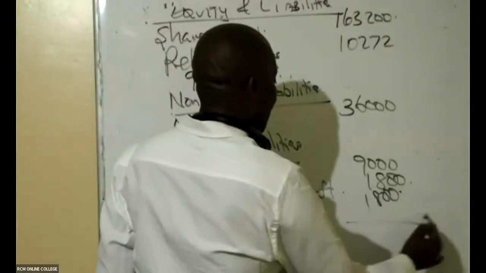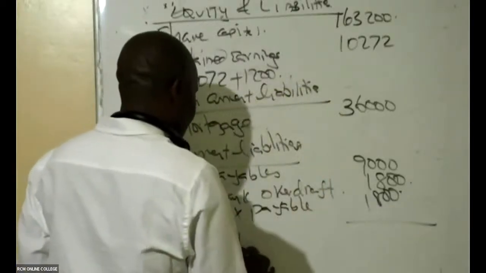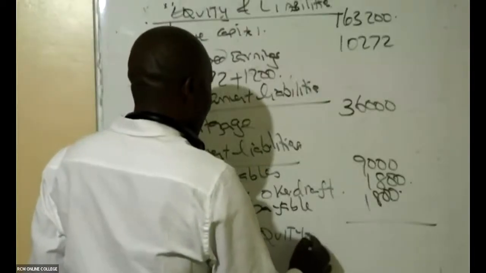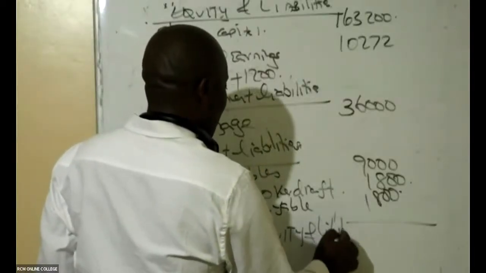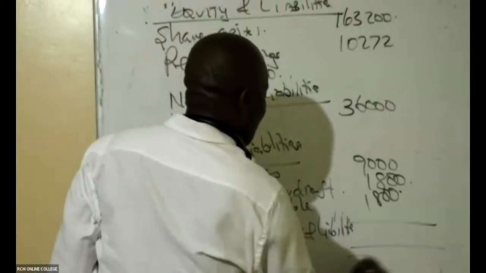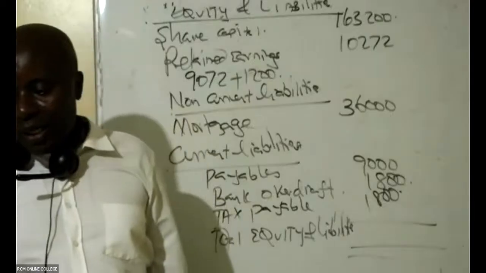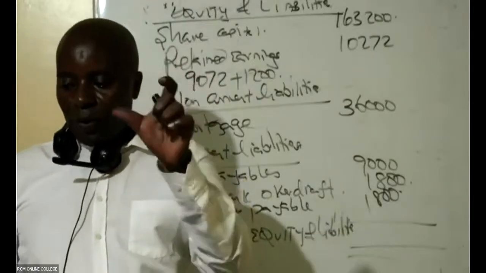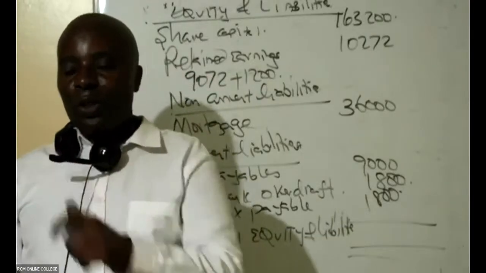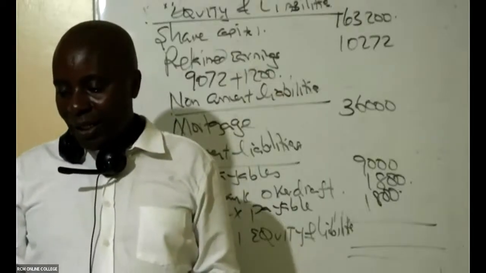So come and add everything to give us total equity and liabilities. And unless we are thieves, everything should balance with what we had initially. Everything should balance with our total assets. It's only thieves who can't account for how they raised their assets.